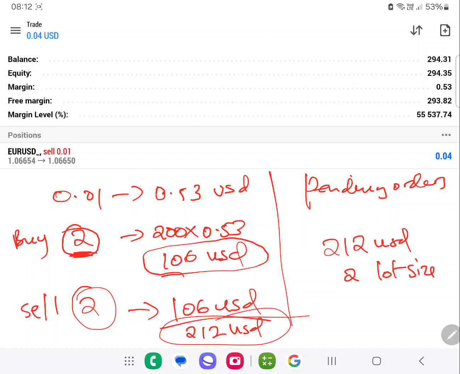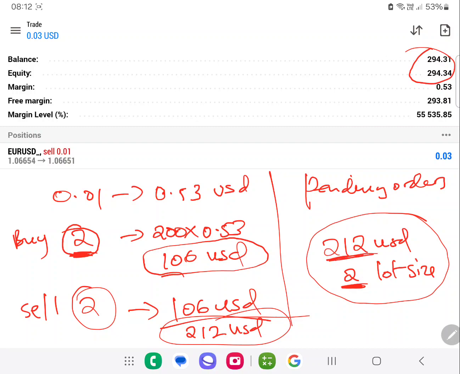I hope I'm making myself really clear. So in this case, my 294 balance can actually sustain these 2 lots, because of course we have high spreads during news, so some things may change.